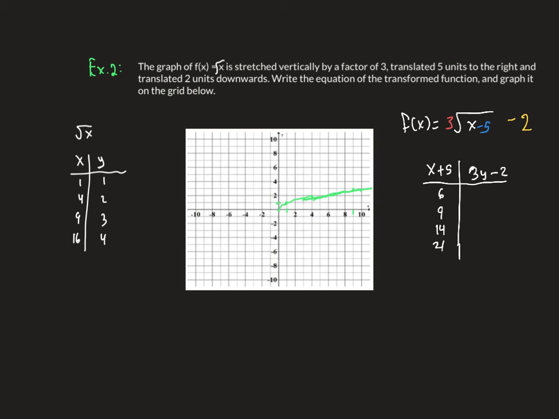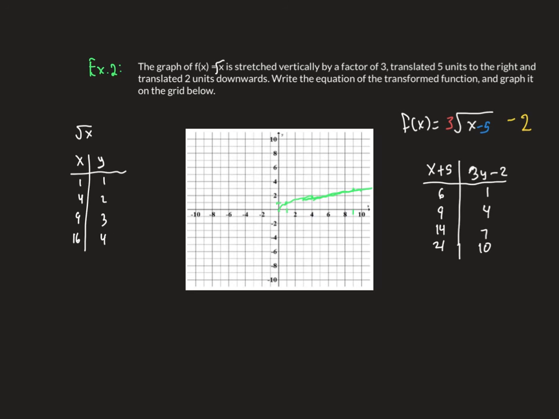My new y values, 3 times 1 is 3 minus 2 is 1. 3 times 2, which is 6 minus 2 is 4. 3 times 3 is 9 minus 2 is 7. And 3 times 4, which is 12, minus 2 is 10. And these are my new x and y values.